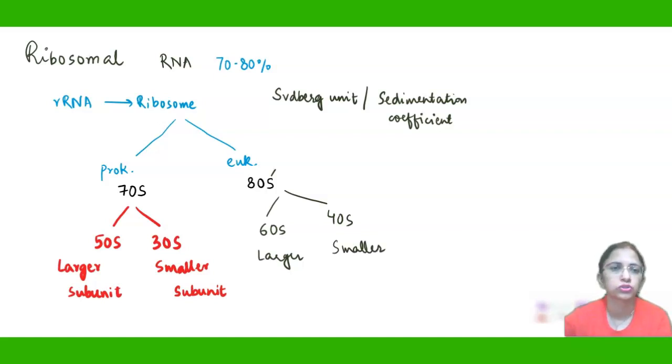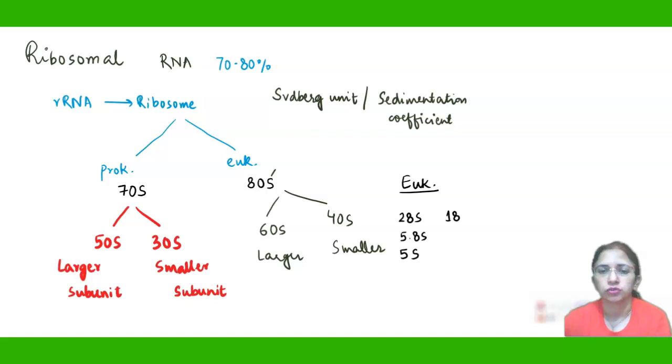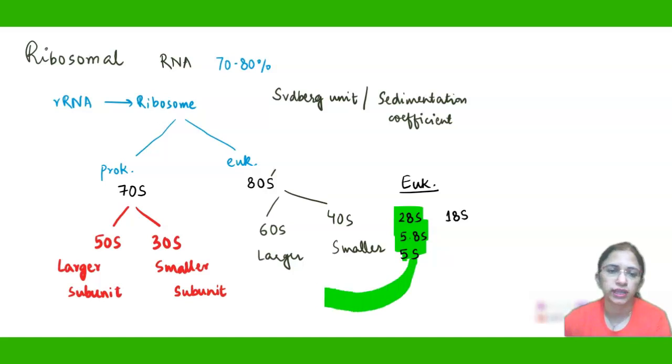Now ribosomal RNA, if we first talk about eukaryotes, then it could be 28S, 5.8S or 5S, and it could be 18S. Okay, so ribosomal RNA could be of these four types. The ones which are written here are all associated with the larger subunit.